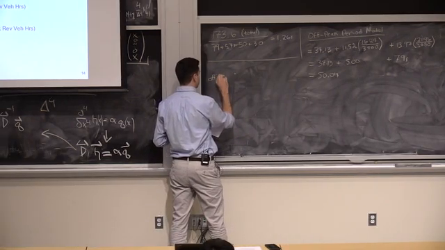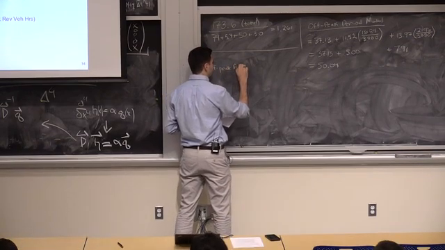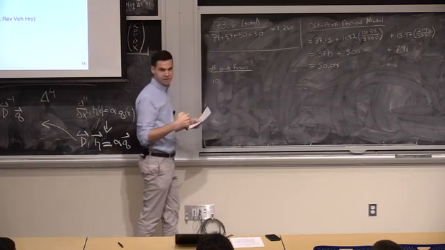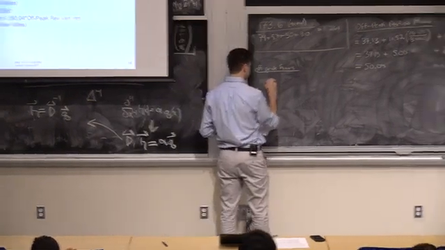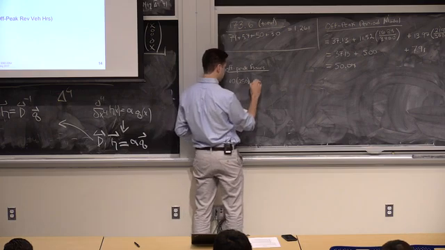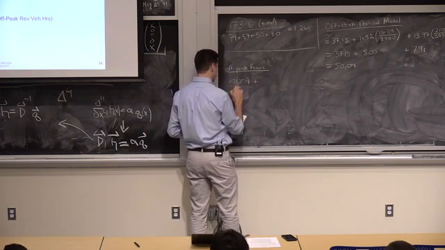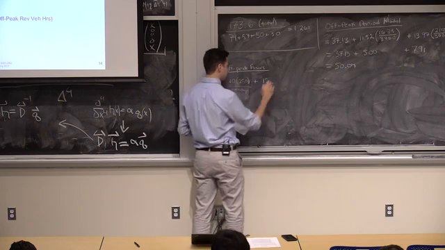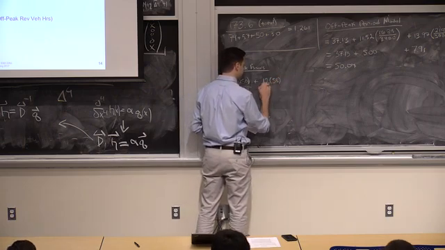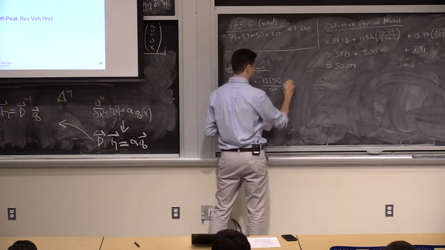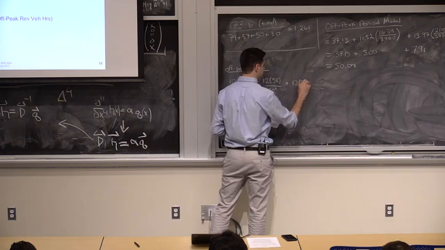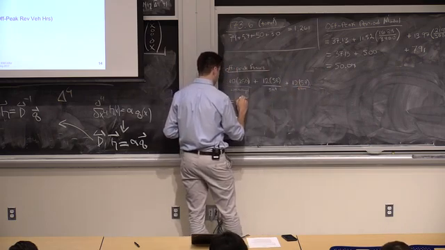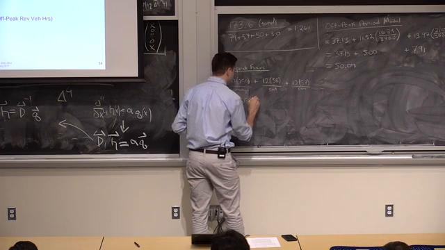So for off-peak hours, we have 10 off-peak hours in the weekday times 250 weekdays per year, plus 12 hours on Saturdays, and we said there are 58 Saturdays per year, plus 12 hours on Sundays, and we said 57 Sundays per year. And that comes out to 3,880 hours.